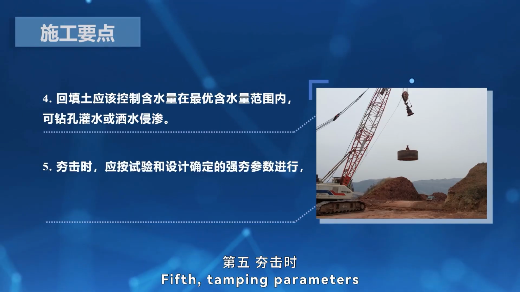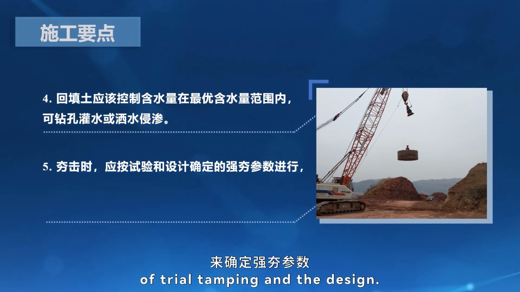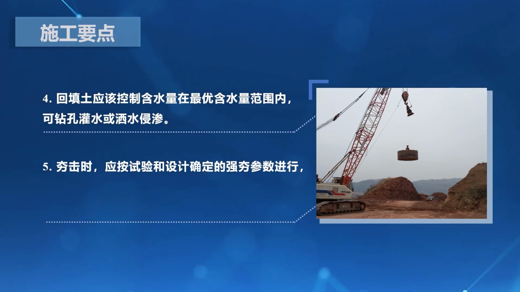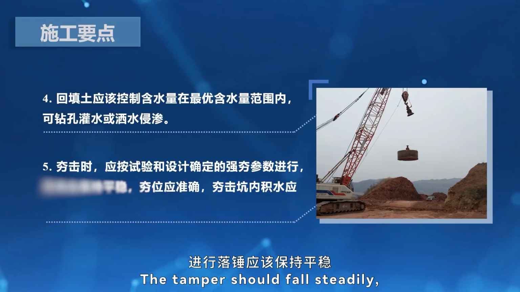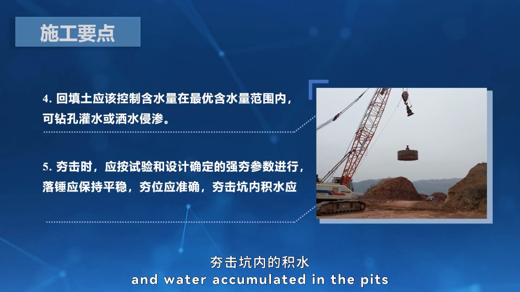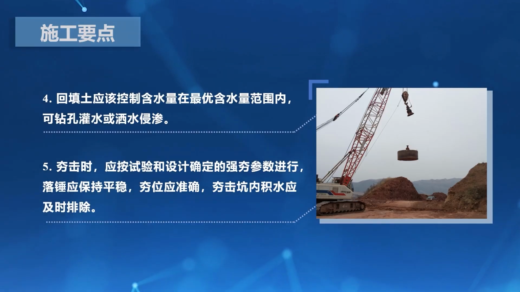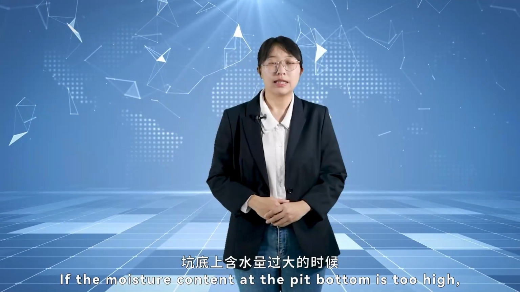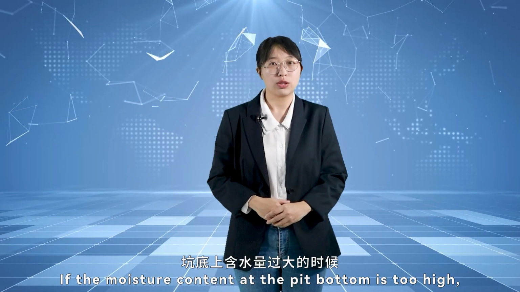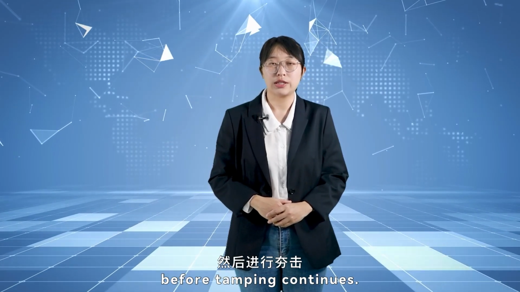Fifth, tamping parameters should strictly follow the results of trial tamping and design. The tamper should fall steadily. The tamping points must be accurate, and the water accumulated in the pits must be removed in time. If the moisture content at the pit bottom is too high, sand should be spread before tamping continues.